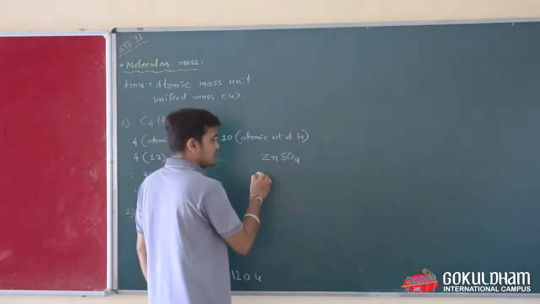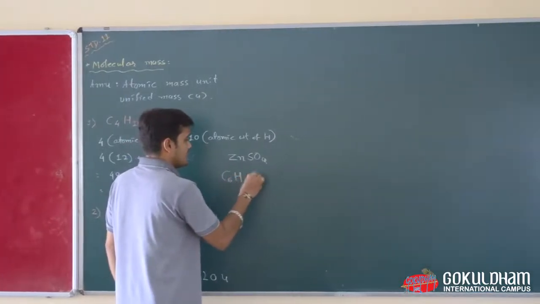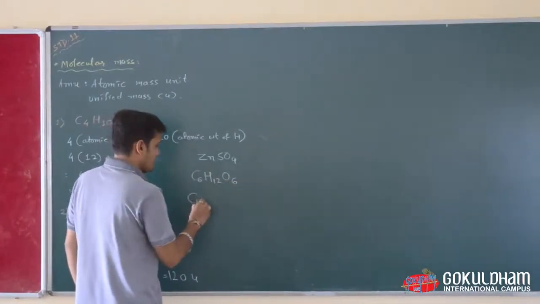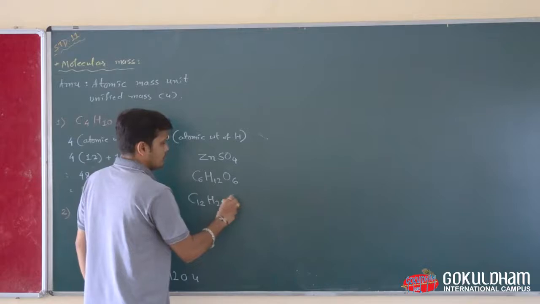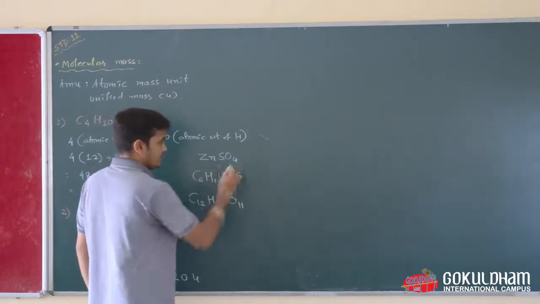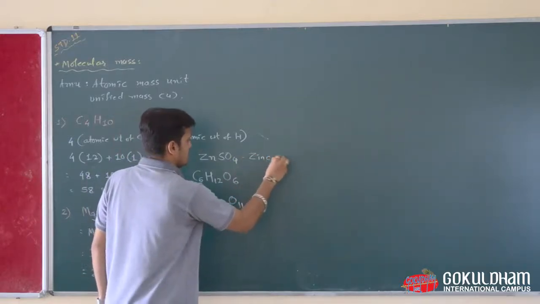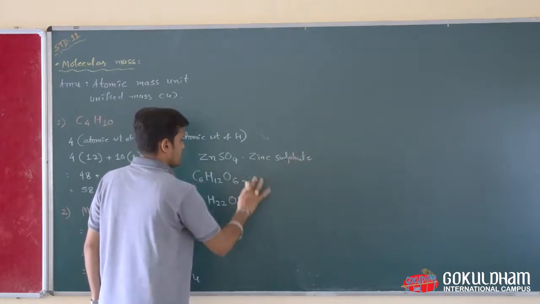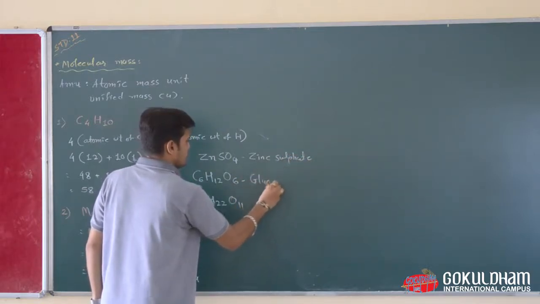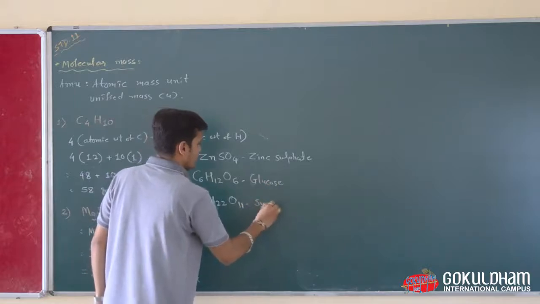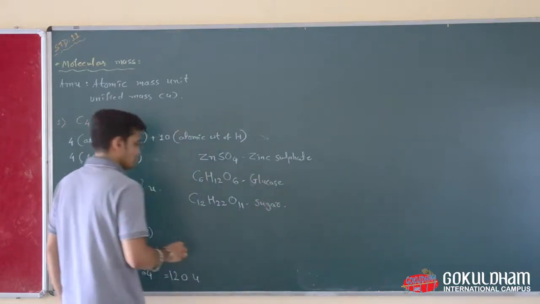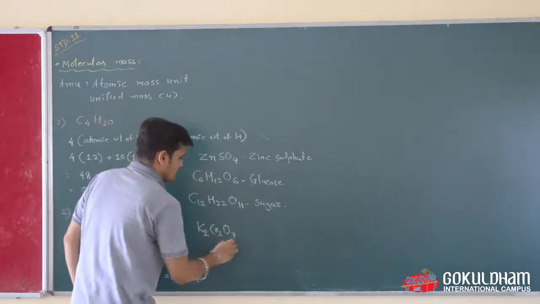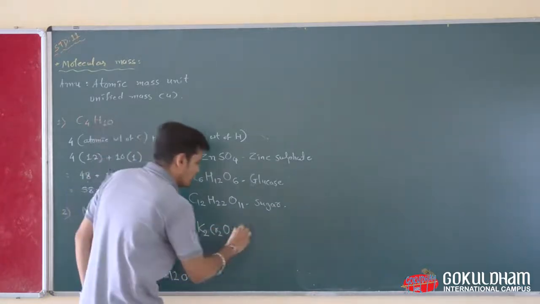ZnSO4 means zinc sulfate, C6H12O6 means glucose, C12H22O11 means sugar, and potassium dichromate.